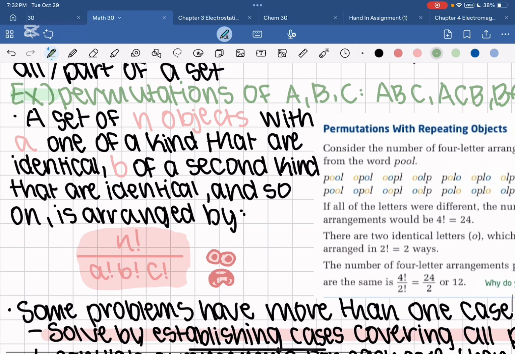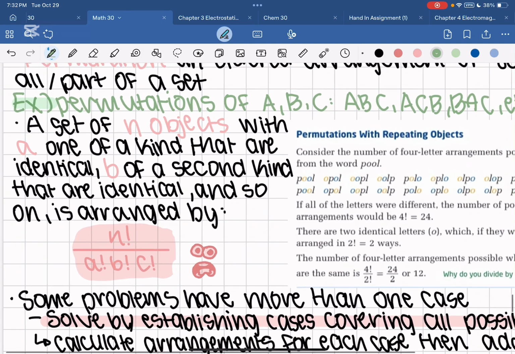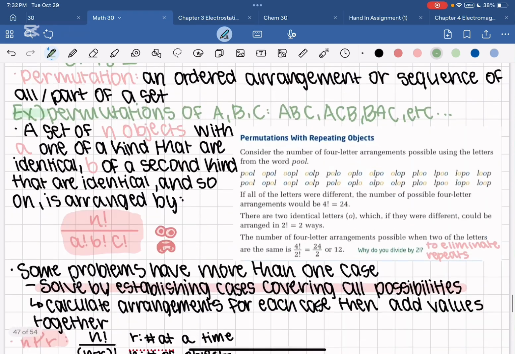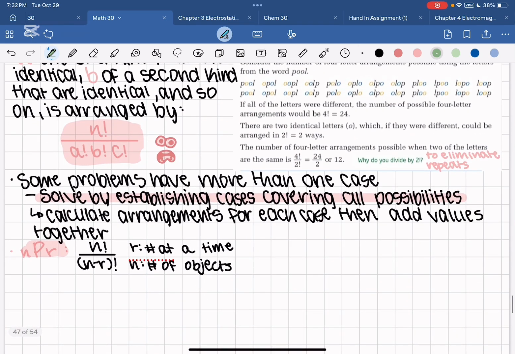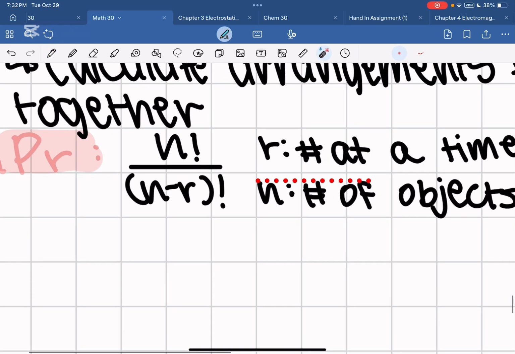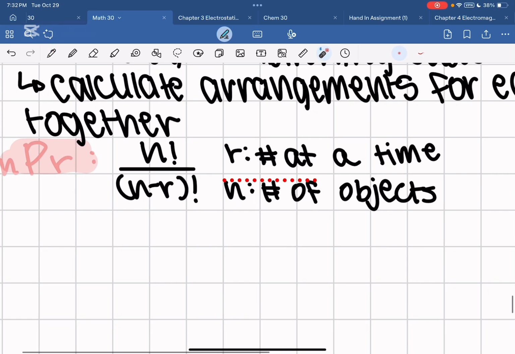Everything in my notes is the textbook definitions, because that's what he wants us to learn from, but with slightly altered versions to make it more understandable for myself. The general formula for permutations is nPr, where n is the total amount of objects and r is how many you're taking at a time.